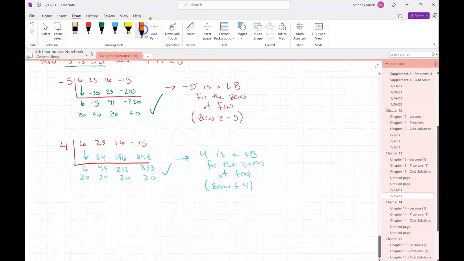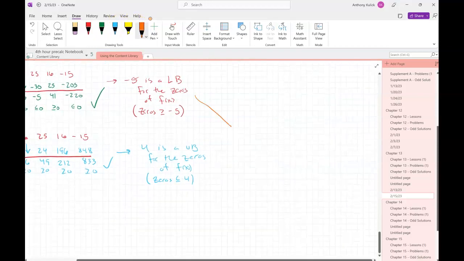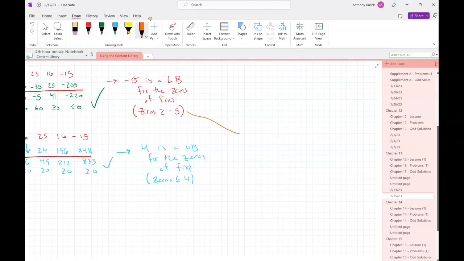If we take these two things together, the zeros have to be greater than or equal to -5, but less than or equal to 4, that tells us that the zeros are on the interval from -5 to 4.